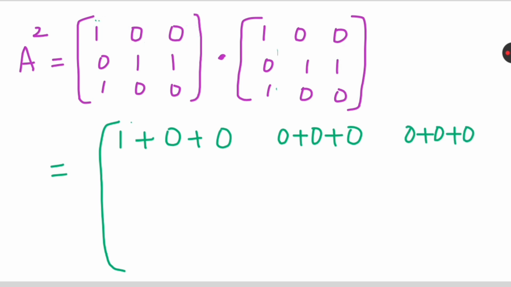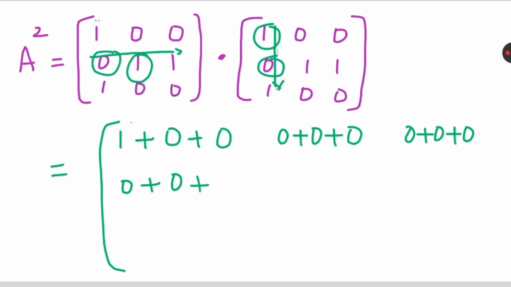Now let's do the second row. You start with the second row and first column. So we have 0 times 1, which is 0, plus 1 times 0, which is 0, plus 1 times 1, which is 1.